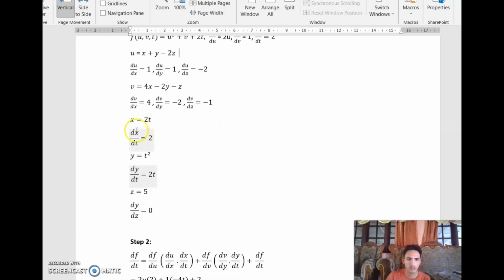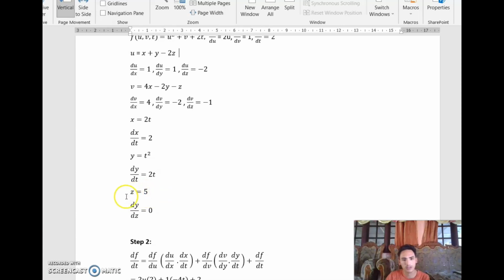For the third function, x is equal to 2t. Differentiating, dx over dt is equal to 2. For the fourth function, y is equal to t squared. For dy over dt, we get 2t.